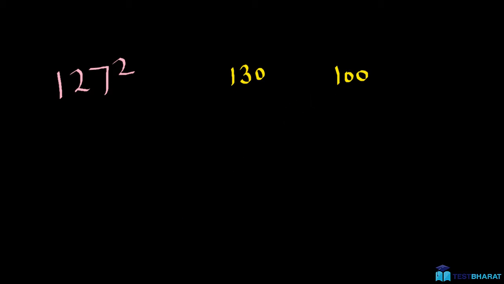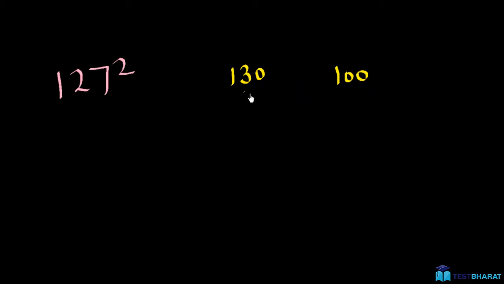In this video we will learn how to take a good base and which base we should take. So now we will calculate 127 square taking a base of 130 and 100.